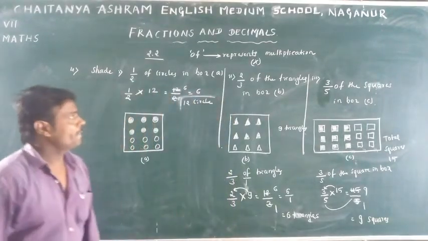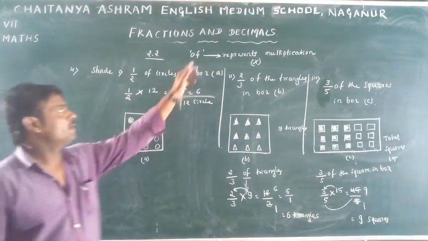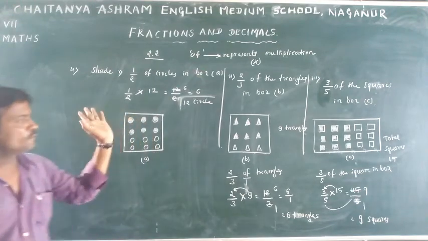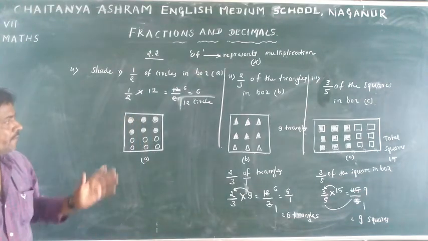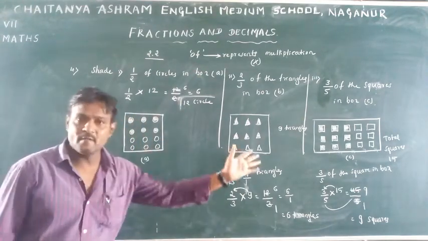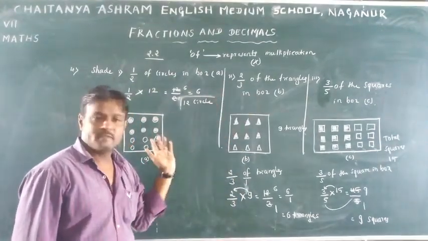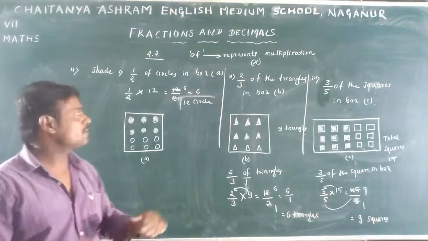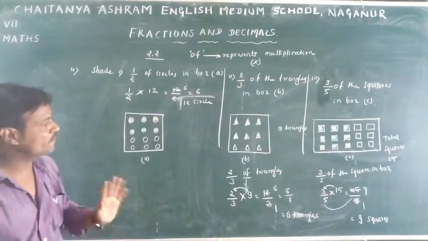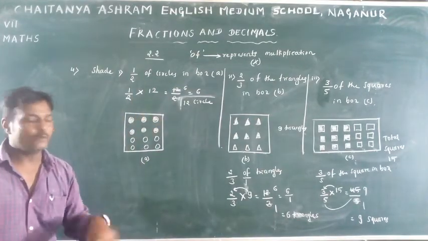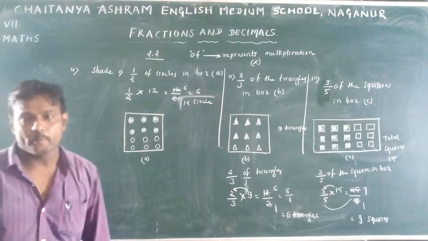Clear? So this is about the application of "of". Dear children, draw these diagrams in your notes, write the questions and shade the portions according to the given questions. Pause the video and write this now. I will come back right away.